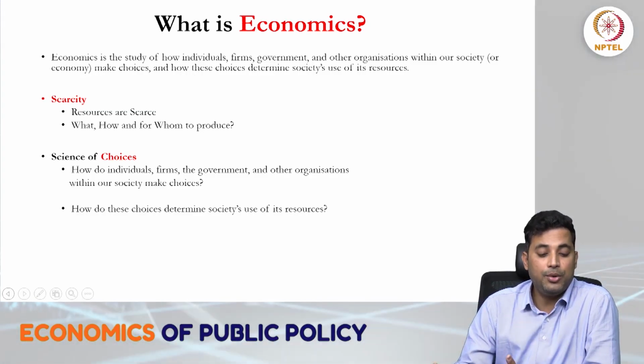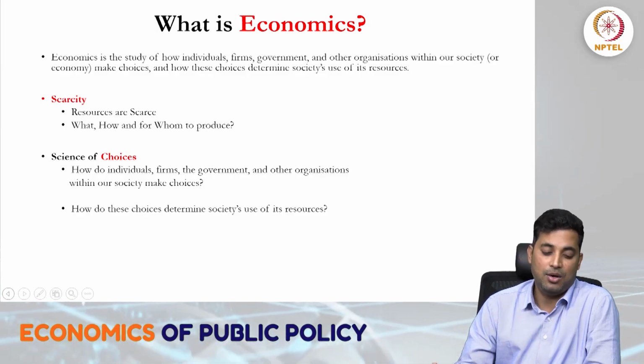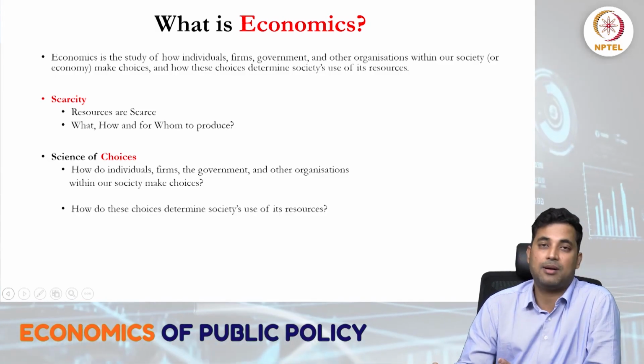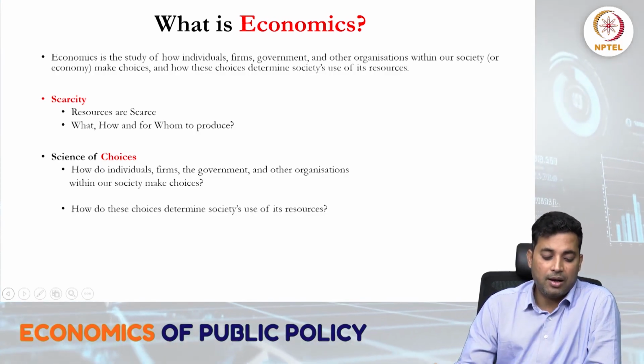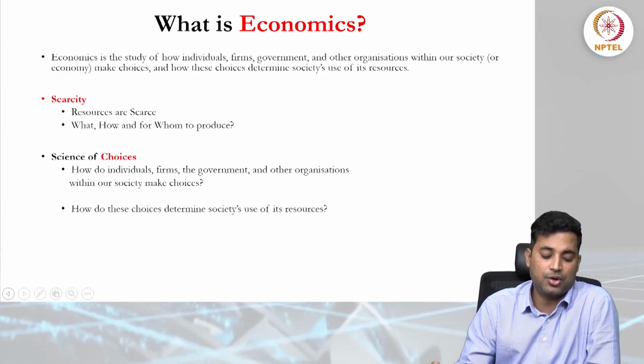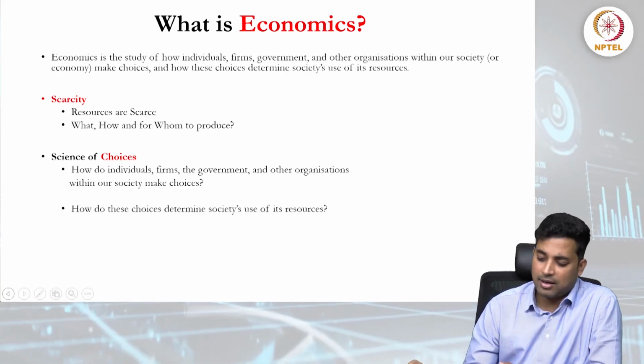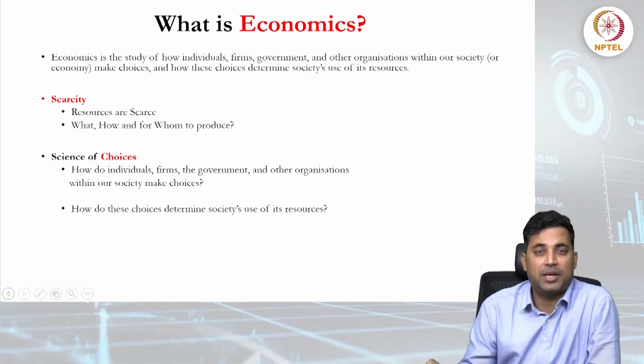So how do individuals, firms and governments and other organizations within our society make choices? That becomes very important. And then the second point in the definition that we discussed: how do these choices determine society's use of its resources? Here are a couple of examples for better understanding.